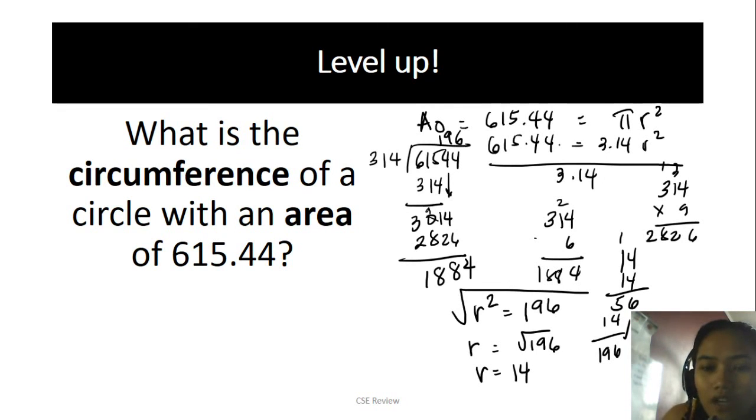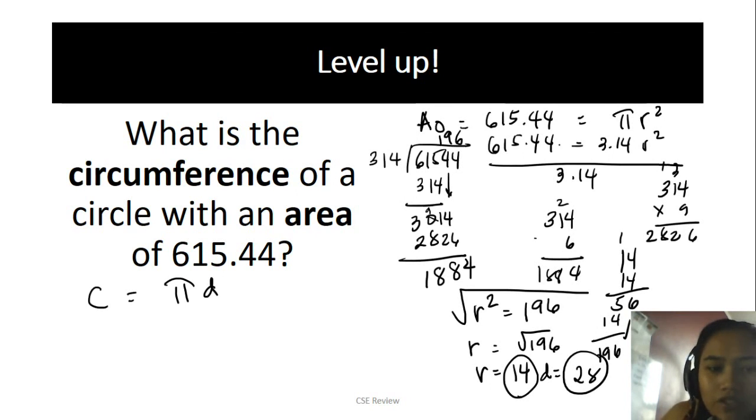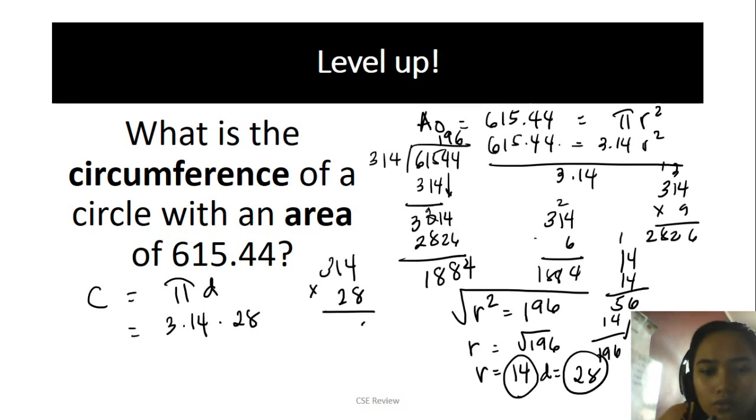Okay, and now that we have the radius, we can go for the circumference. Kasi ang diameter is equal to twice ng radius. It's going to be 28. So, pi times the diameter, which is your circumference, 3.14 times 28. Okay, multiply lang natin yun. So, 314 times 28. Okay, 8, 16, 24, 32, 3, 11, 8, 16, 24, 25.